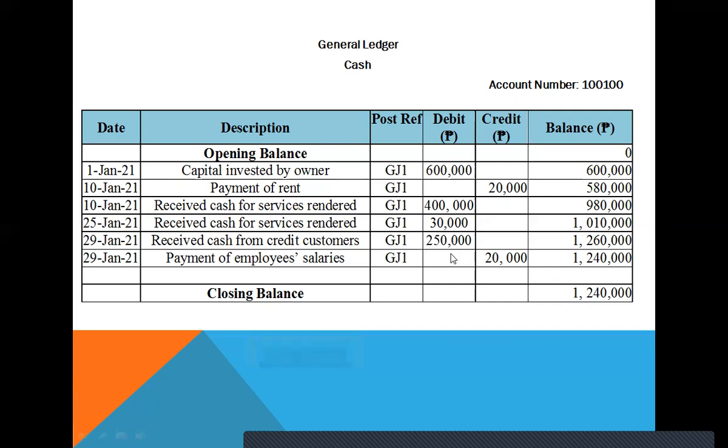Now, on January 29, you receive cash from credit customers of 250,000 pesos. So your total balance for cash is 1,260,000 pesos. On January 29 again, you pay your employee salaries, so you credit 20,000 pesos. So the balance at the end of the month is 1,240,000 pesos.